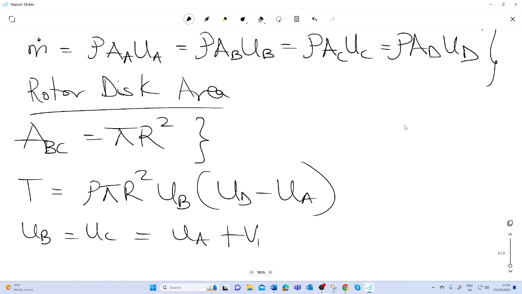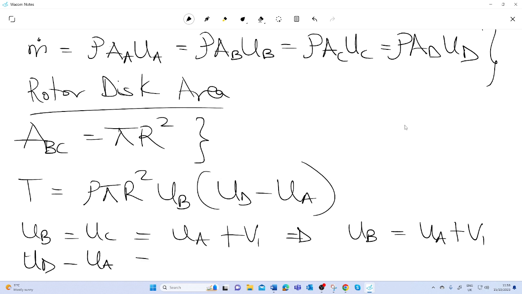So therefore UB equals UA plus V1, and also UD minus UA equals V2, and eventually V2 equals UD minus UA.